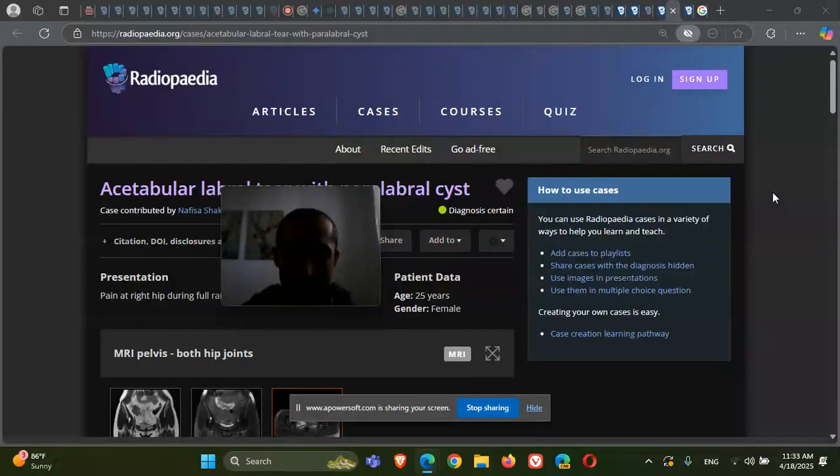So we saw fracture of the acetabulum. We talked about the classification with the 10 types of fractures. Five of them are elementary: anterior column, anterior wall, posterior column, posterior wall, and transverse. And we talked about the associated or combined fractures of the acetabulum.